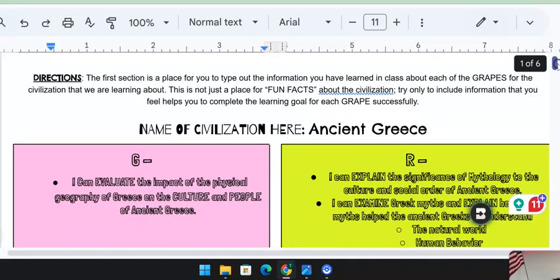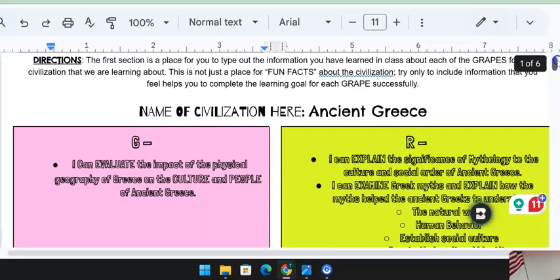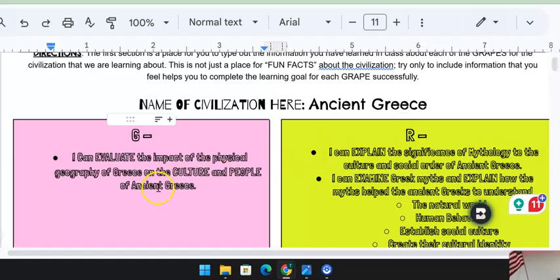The first section here are our notes boxes, and there is a different color coded notes box for each grape, right? You will also notice that for each grape, I put what our learning goals are for that grape. So when we had our geography stuff up there, this is what was written on the board as our learning goal: I can evaluate the impact of the physical geography of Greece on the culture and people of ancient Greece.